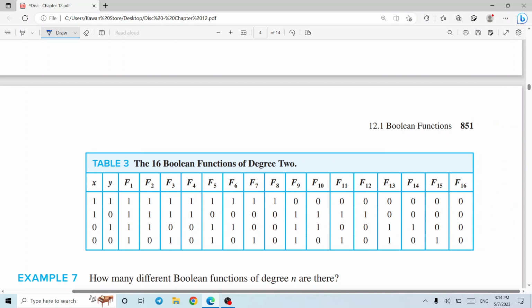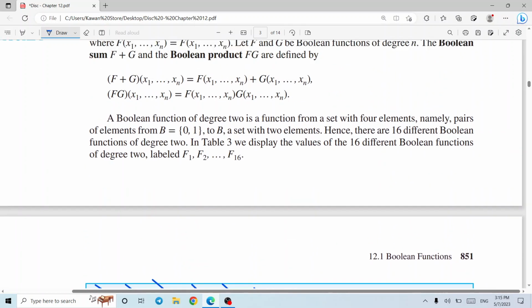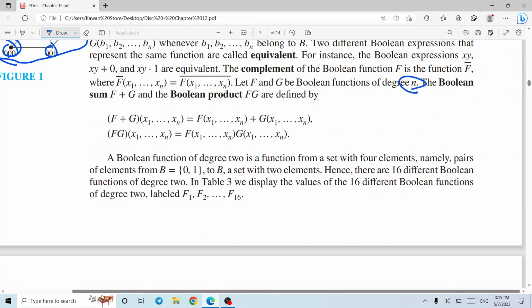What's that? F1, F2, F3 is a function. Any function that you can depend on. How many do you have? For n Boolean variables, degree n, we have 2 to the power n, am I right? For example, if your degree is 4, how many do we have? 16.